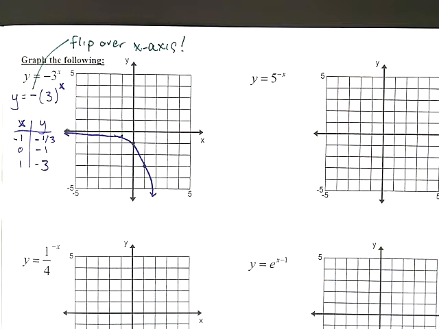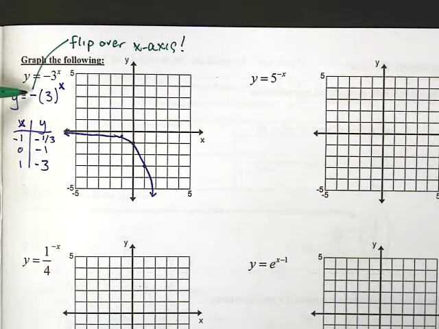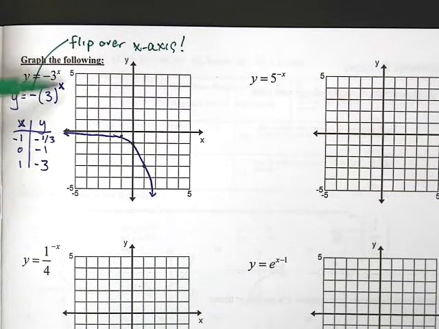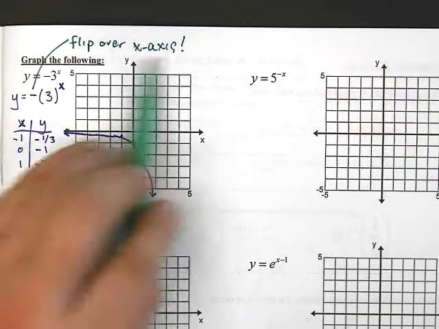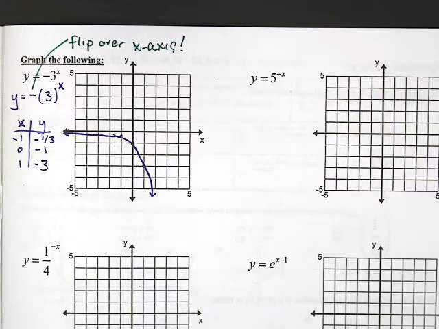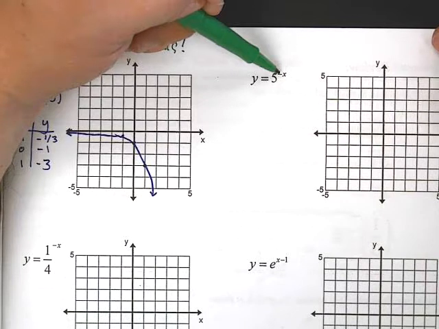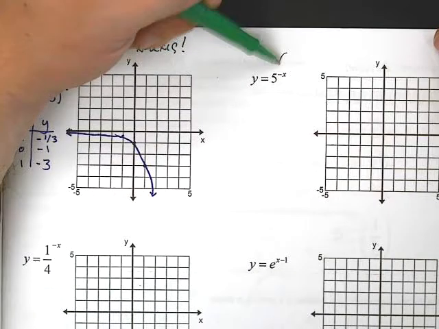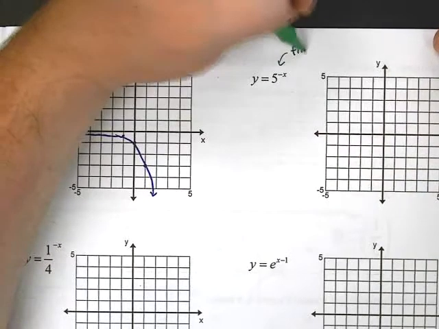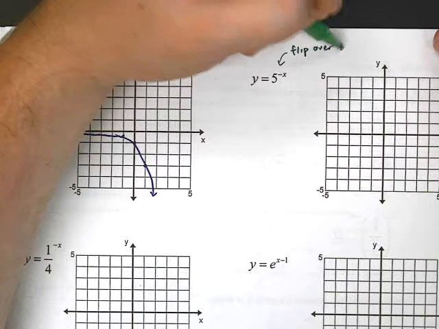Okay, this is the same thing that we did before. When you have a negative out in front, not inside the function, it's going to be a flip over the x-axis. Okay? When we look at the next one, you can actually think the same way, and you can say, oh, this negative with the x, now it's inside the function. So technically, this is going to be a flip over the y-axis.